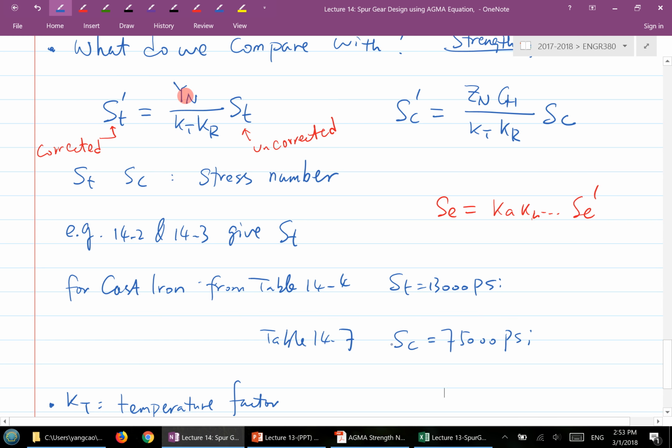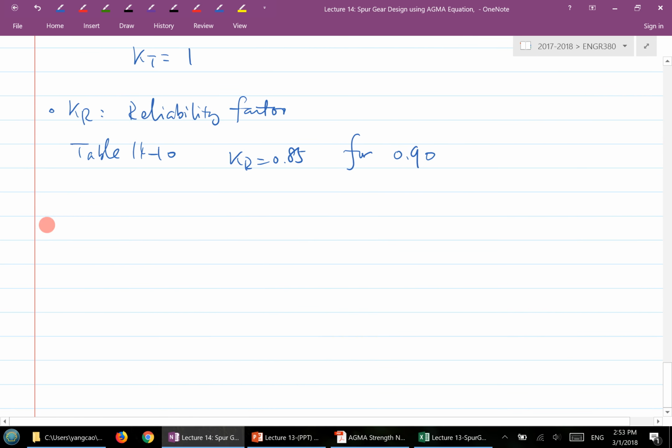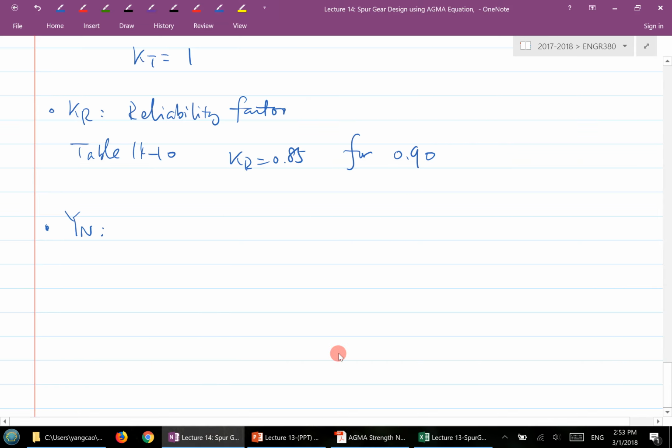We have YN and ZN to figure out. So what's YN? What is Z? If you recall what I was just talking about for those figures, those values are based on 10 to the power 7 cycles and on 0.99 reliability.